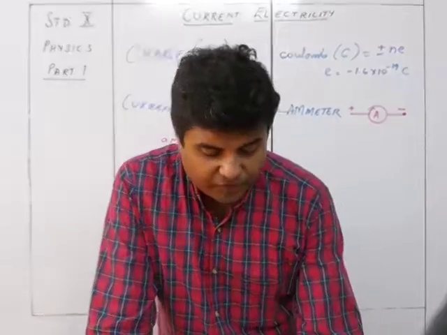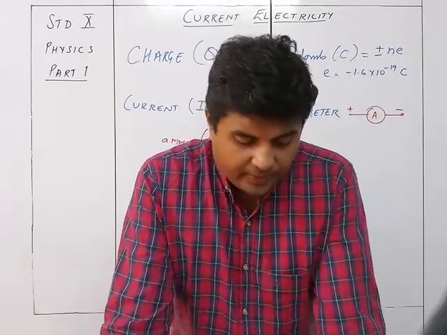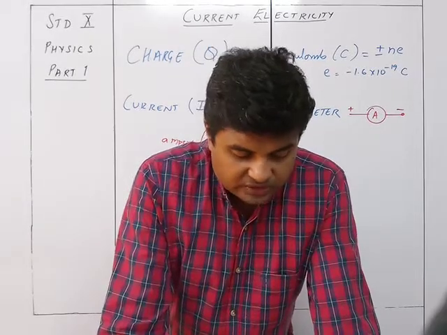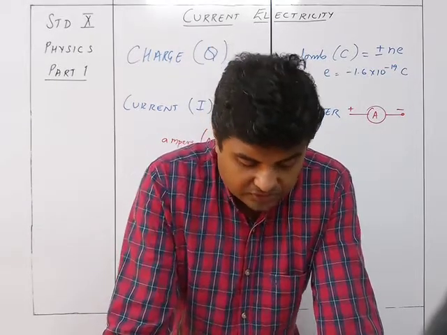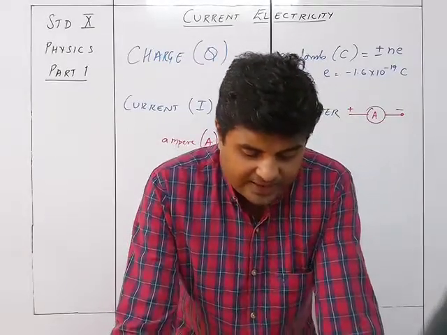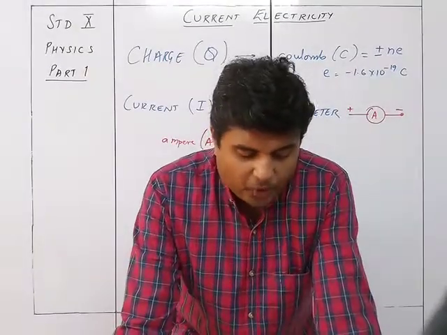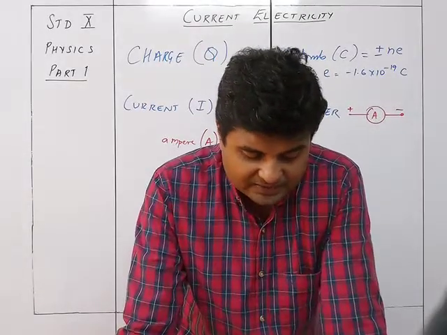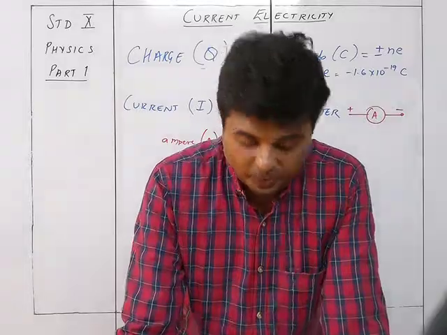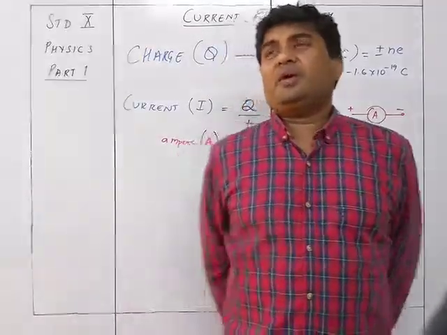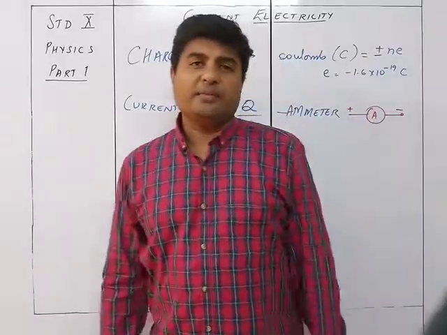Now we see the flow of the current. In metals, the moving charges are the free electrons which constitute the current, while in electrolytes and ionized gases, both the positive charge ions, cations, and the negative charge ions, anions, are the moving charges which constitute current. Good conductors can be of two kinds.